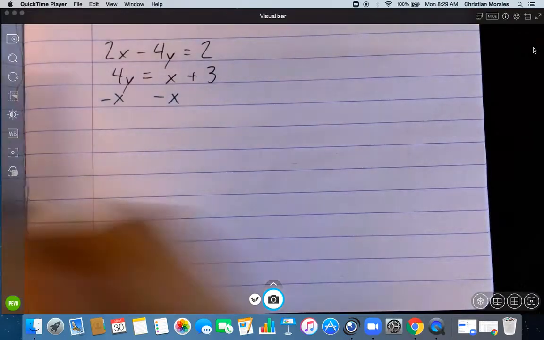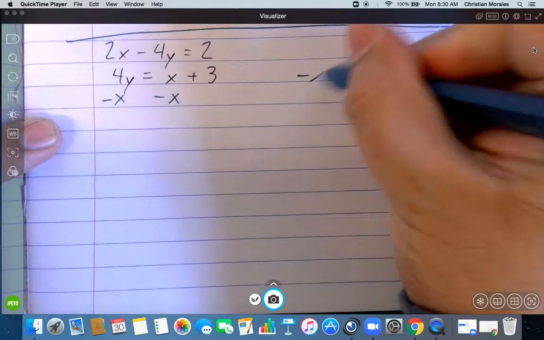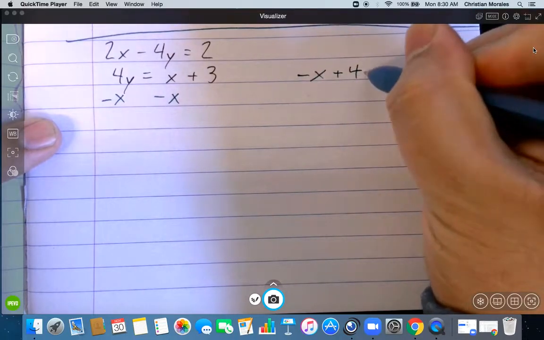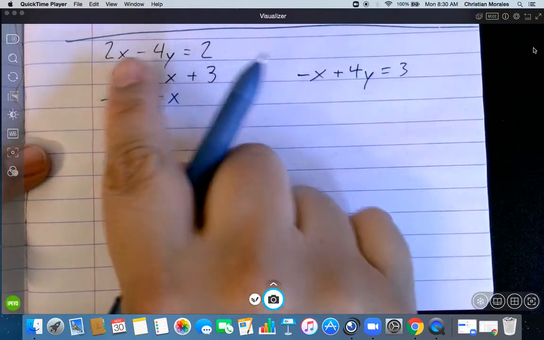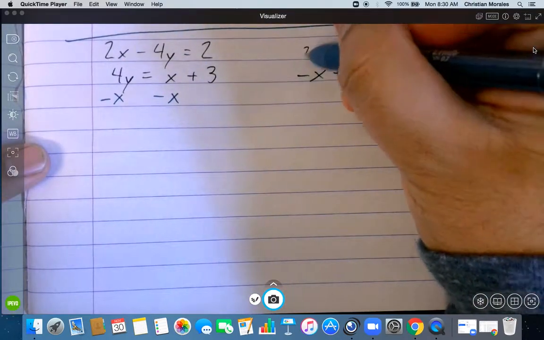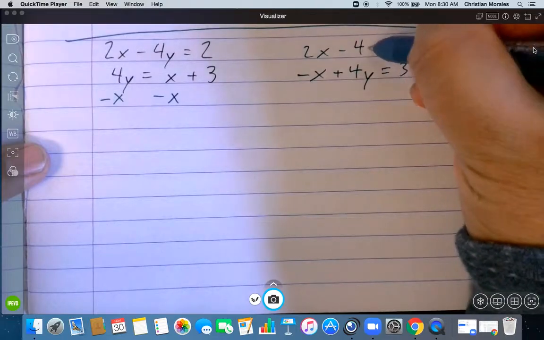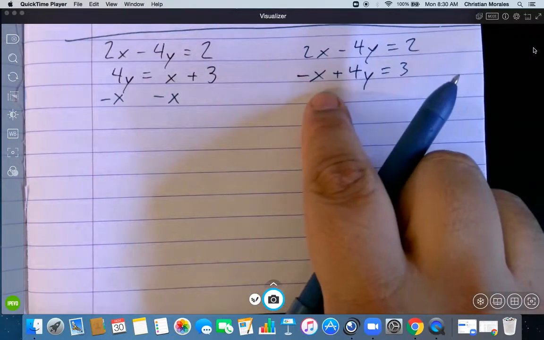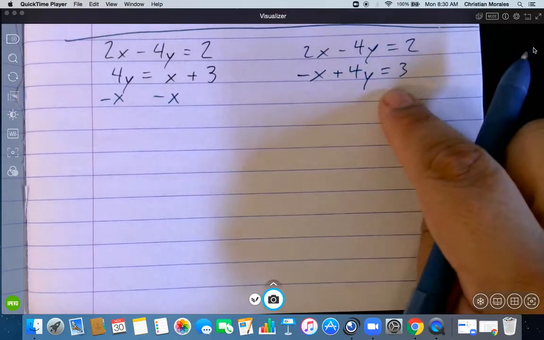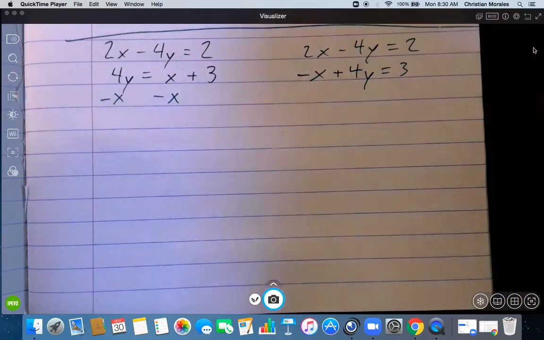And then what I end up with will be a -x and the 4y, and the 3 is only on that side. I do not change the top one. The top one I leave alone. And now when you look at it, the x's line up, the y's line up, and the equal signs line up. It's very important that they line up when you do this.